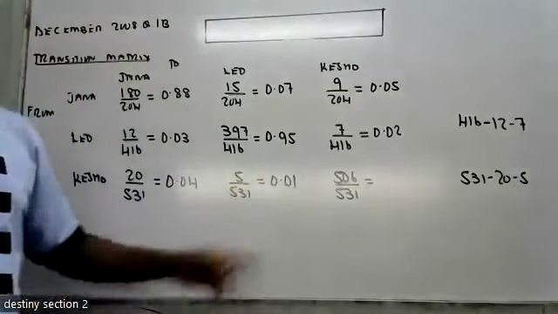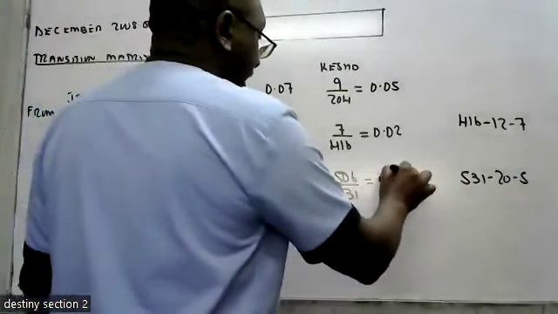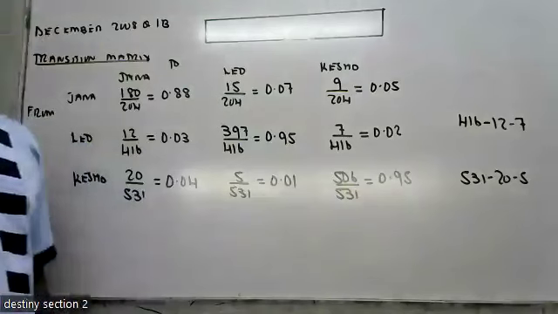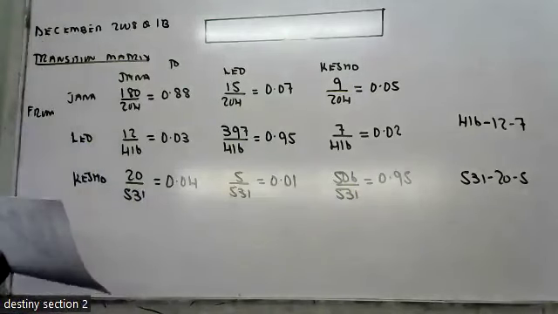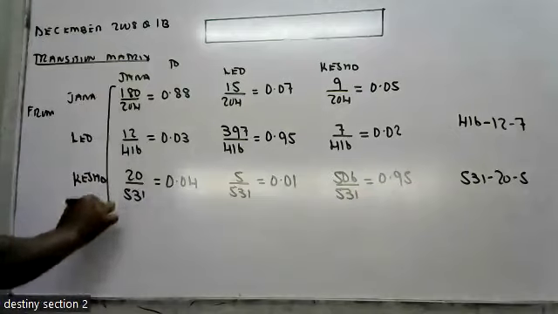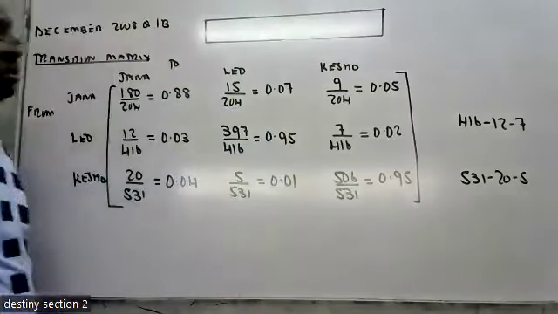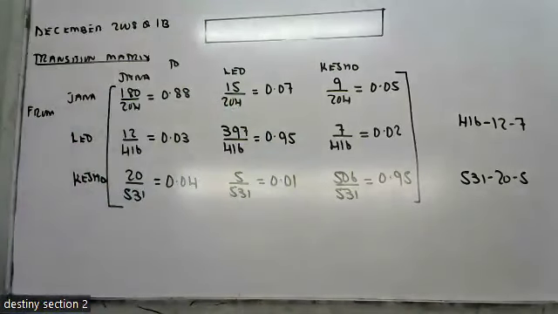Obviously, when we are subtracting, this one now will give us 0.95. So that is how you create the transition matrix. In case you are given that kind of information, the transition matrix is computed like that.